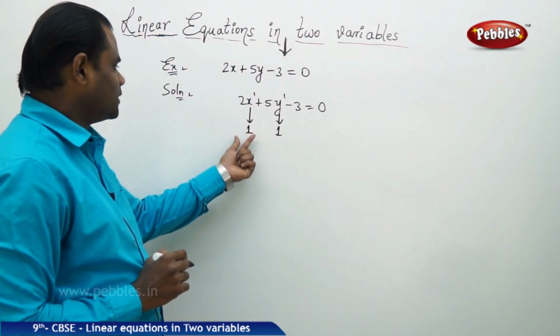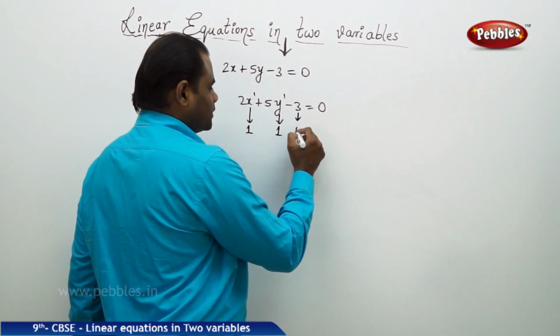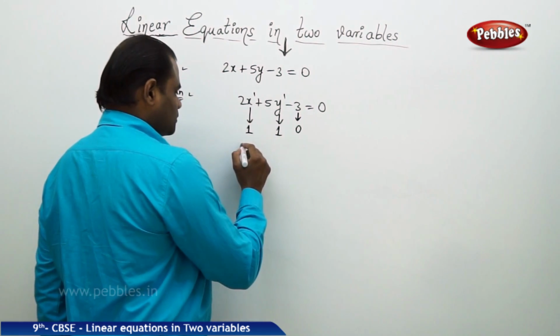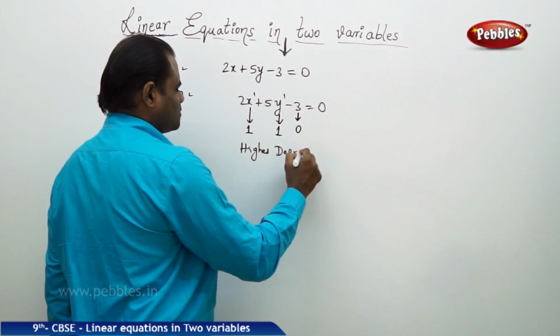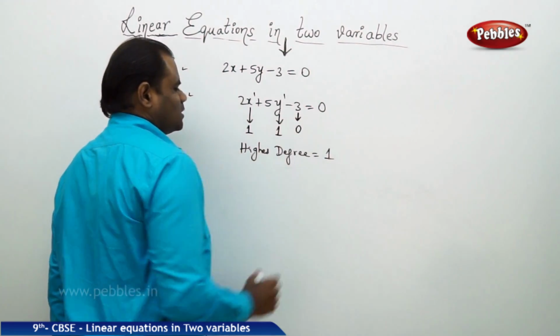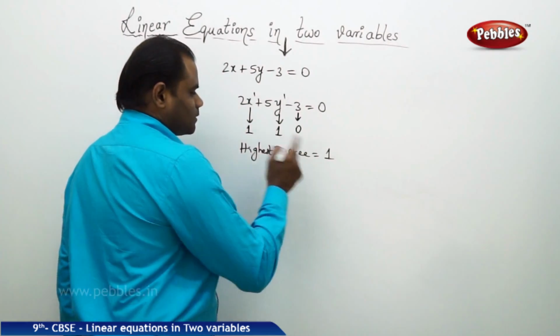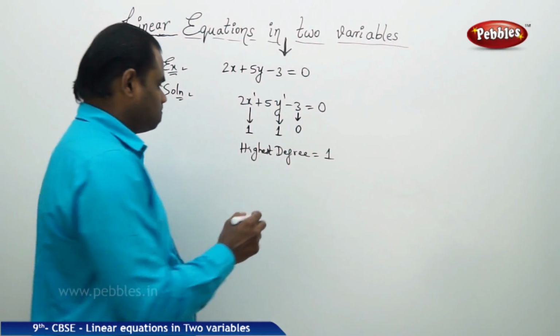So for the first term the degree is 1, for the second term the degree is 1, and for the third term the degree is 0. So the highest degree here is 1. That is rule 1, through which we identify that the highest degree is 1.